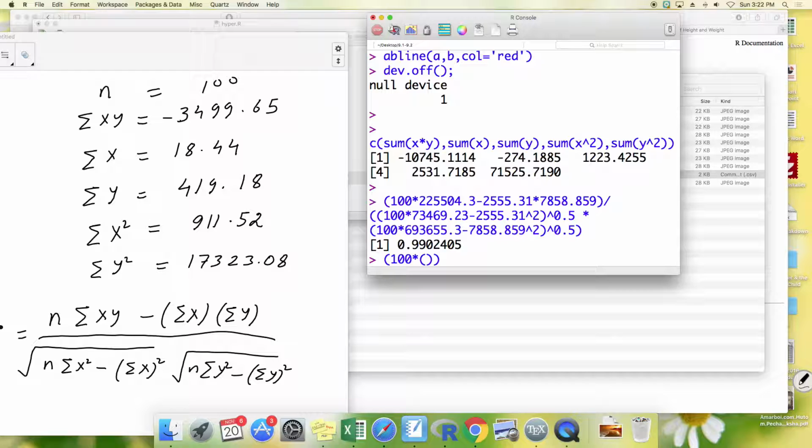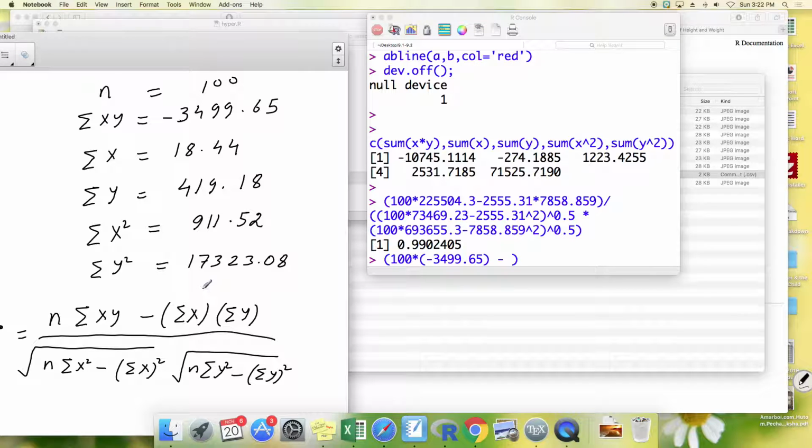So times the negative value, so minus 3499.65. So n times xy minus summation x times summation y. Here you can see summation x times summation y.